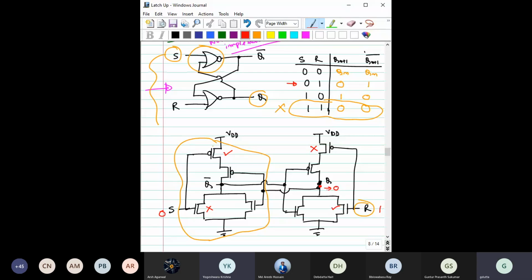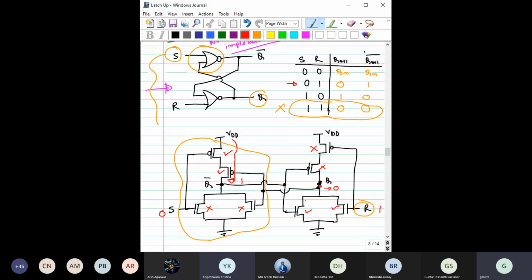This 0 is fed to this transistor as well as this one, making one off and one on. Now there is a direct path from VDD to Q bar, which charges Q bar to 1. Q bar is 1, so this transistor is off and that one is on. This point is already connected with the ground.